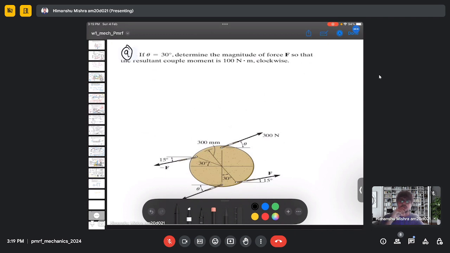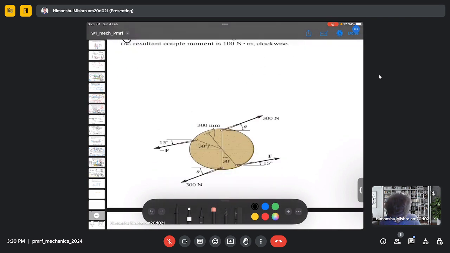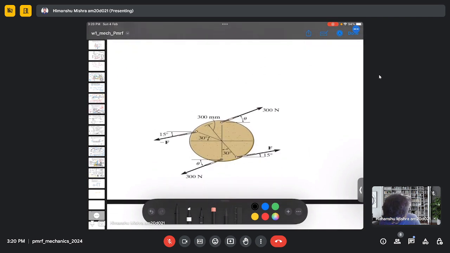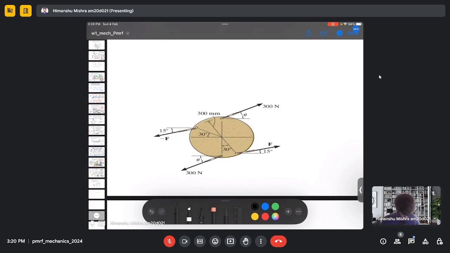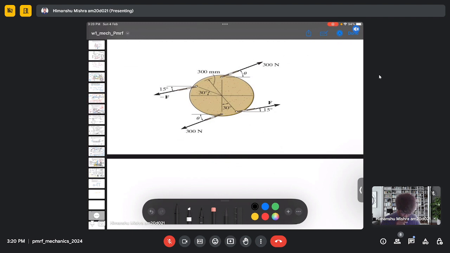So here we have given the angle 30 degree and we need to determine the magnitude of force F so that the resultant couple moment is 100 Newton meter clockwise. So basically, we need to find the moment.